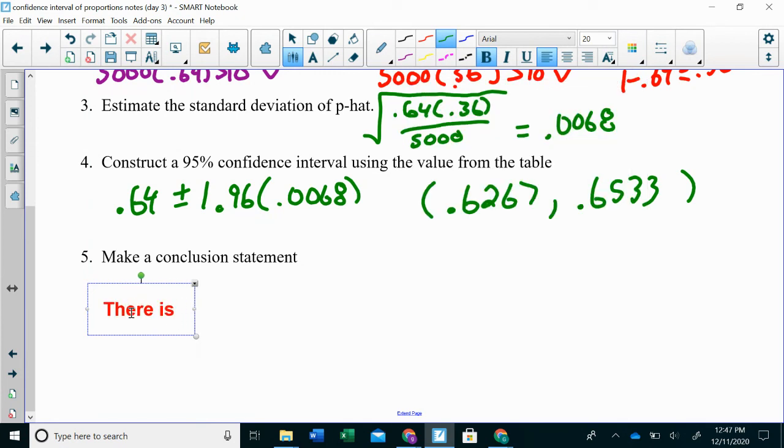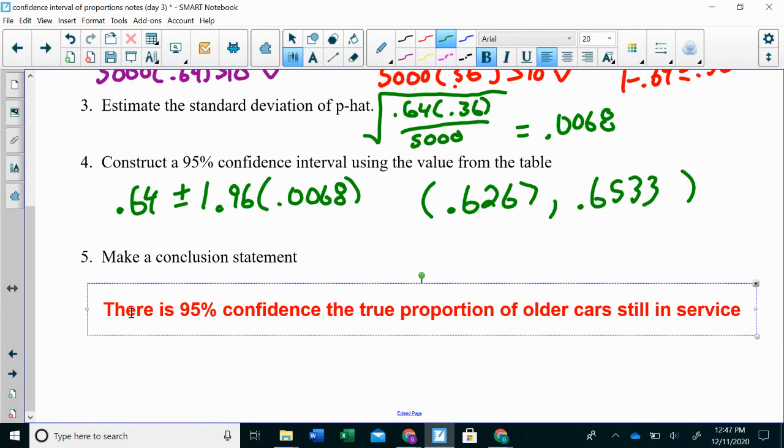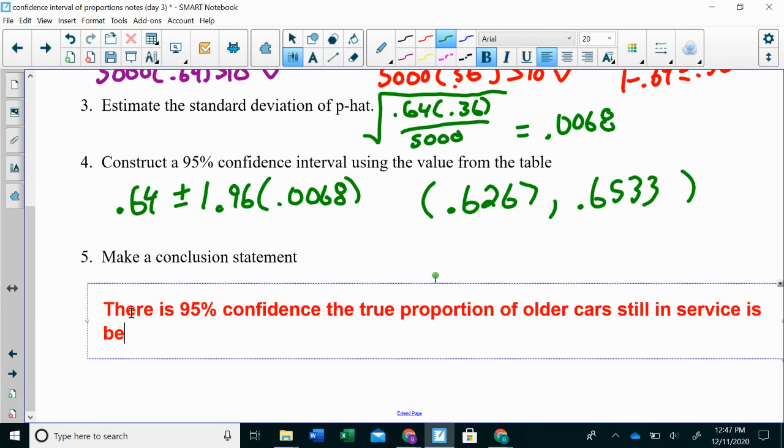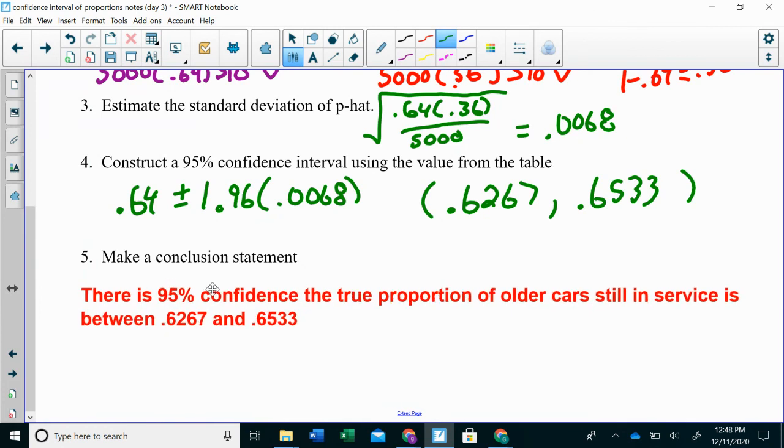So there is 95% confidence the true proportion of older cars still in service is between 0.6267 and 0.6533. There's our 95% confidence statement.